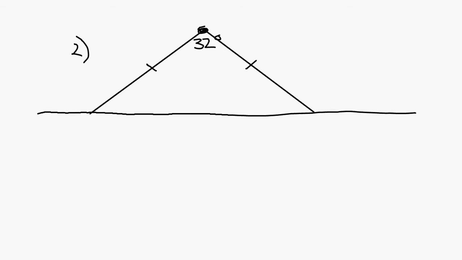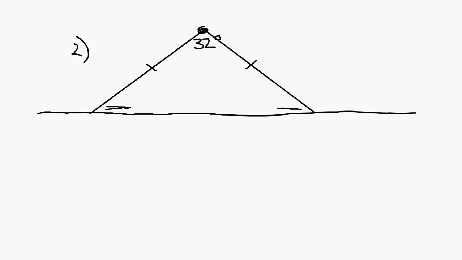This is the peak, so this angle is 32 degrees. What angle does each side form with the ground? This will be the ground, so these two angles down here are going to be equal to each other.